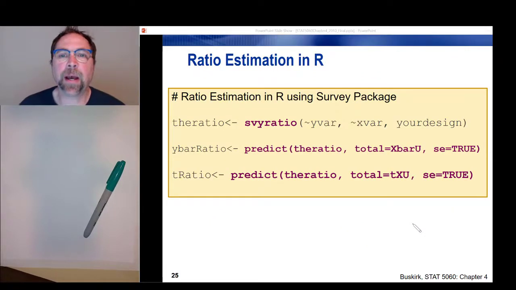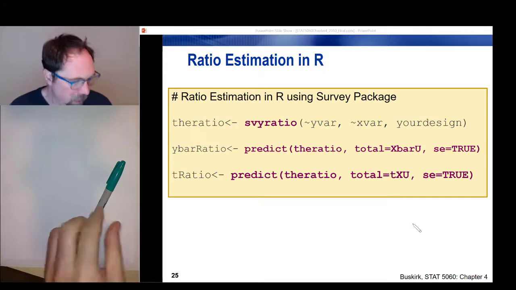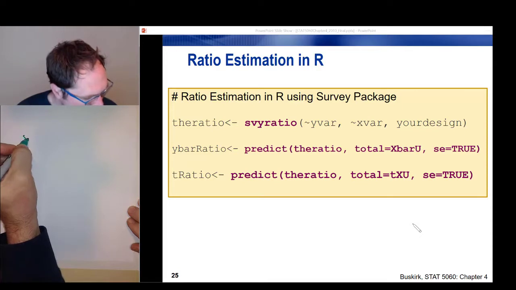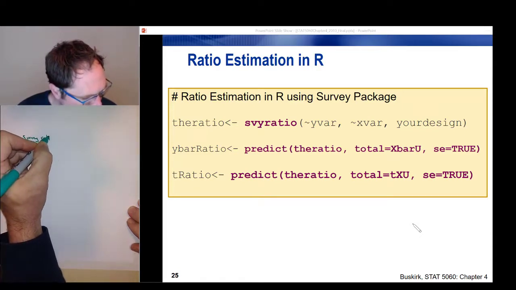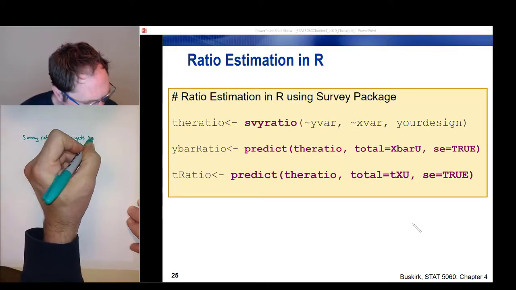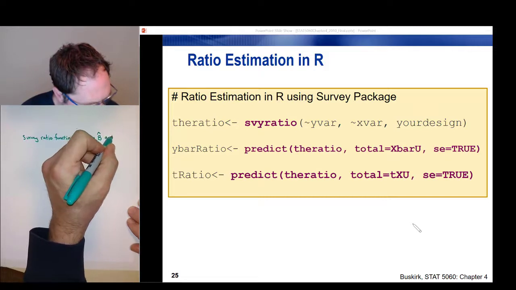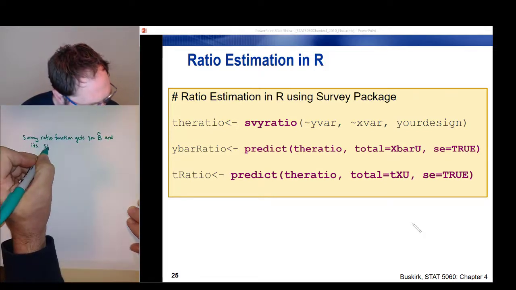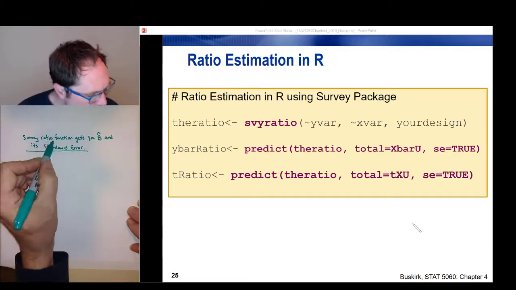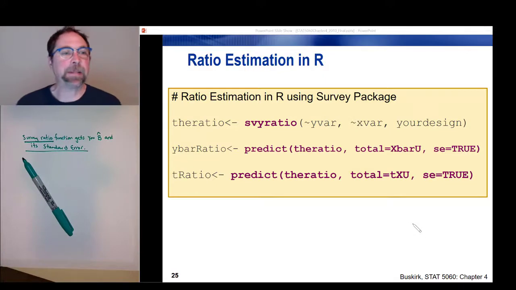So in R, the survey package that we've been using all the while has a function called svyratio. If you use the svyratio function, you're going to specify the numerator variable, which is tilde y var.